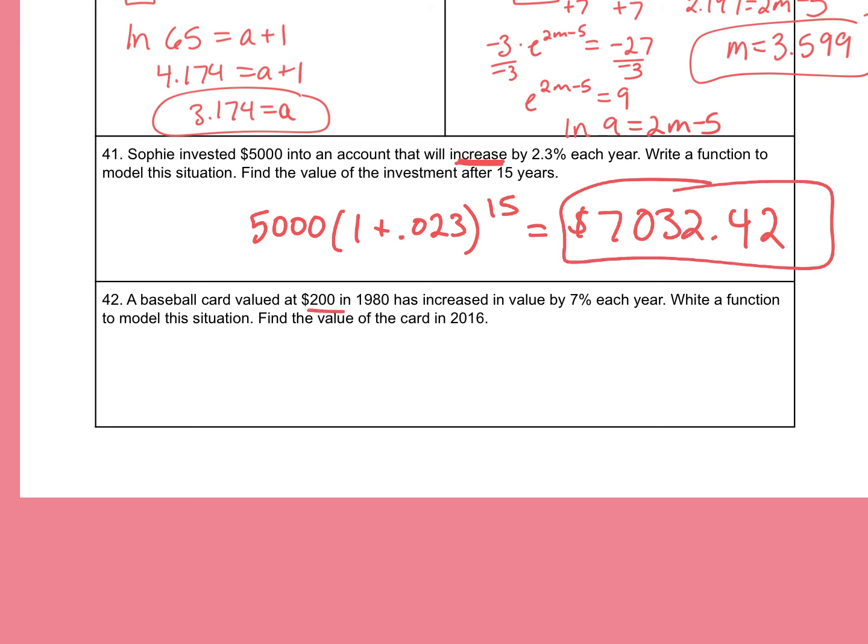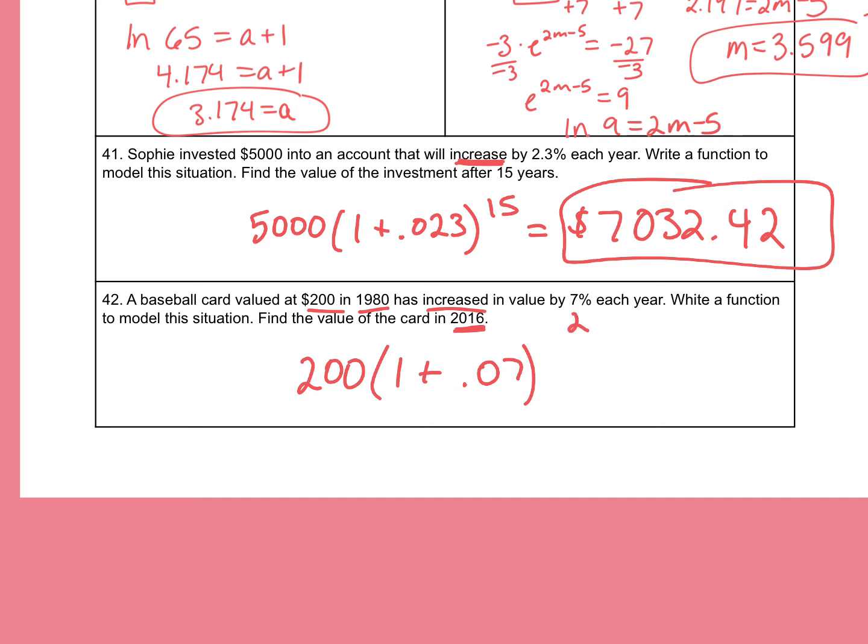Baseball card, $200 in 1980, another increase one. They're not giving us years, but they're saying find the value in 2016 if it was valued in 1980. So we just need to subtract those two values. 2016 minus 1980 is 36.